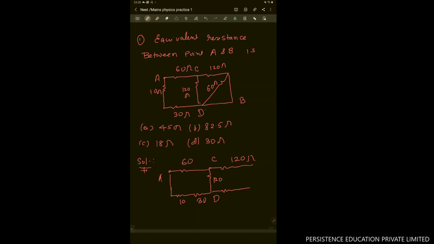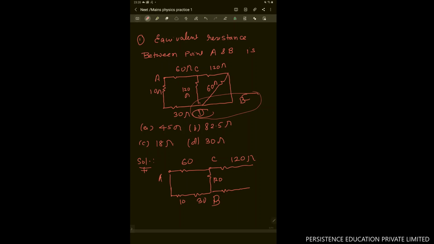Between D and B, this point is D and B, they are identical, right? So you can understand that D and B are identical. So I take this as B only. So between C and B, 120.